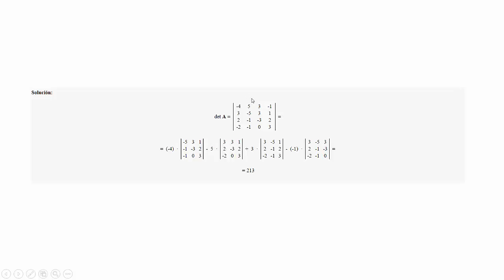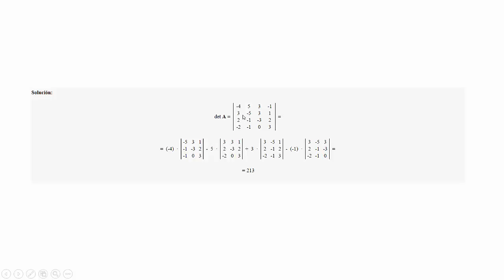In this case, the number is positive, but the next sign is negative, so this 5 is going to be negative, and the 3 is going to be positive, and the minus 1 is going to be negative. That is shown here. This sign is going to be modified later.